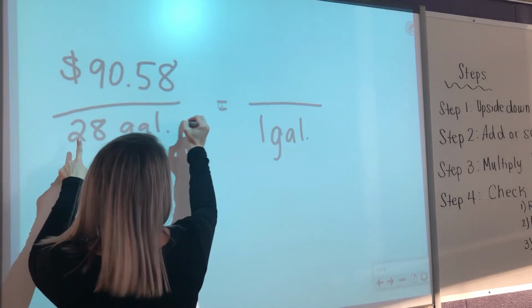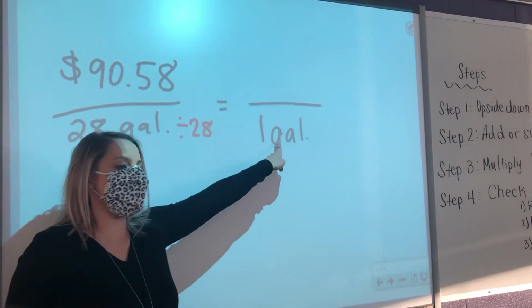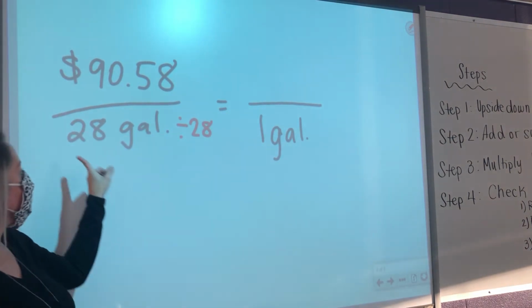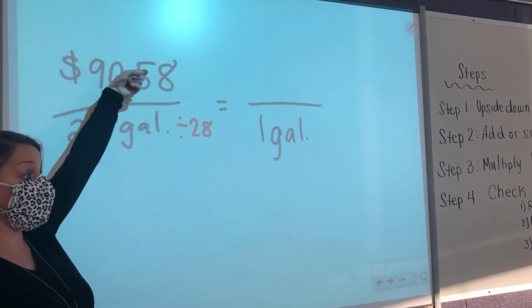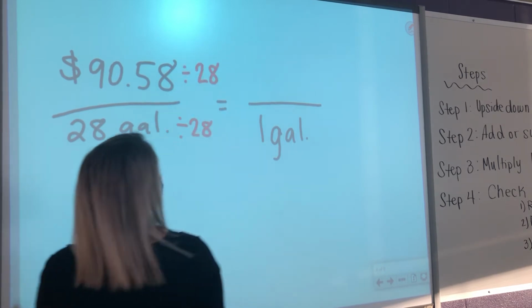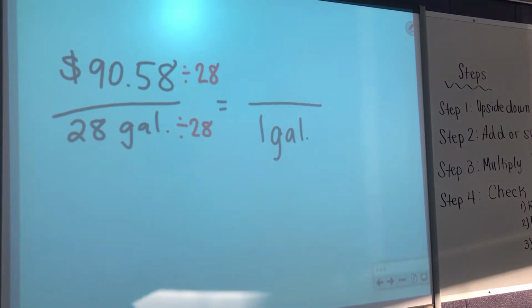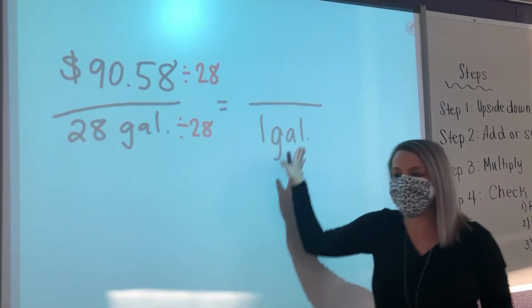So I need to divide 28 by 28 to get to 1. If I divide 28 by 28, I also need to divide the top. Very good. Okay? Whatever you do to the bottom, you have to do to the top to make the fractions equivalent. Very good. So this is how I go from a rate to a unit rate.